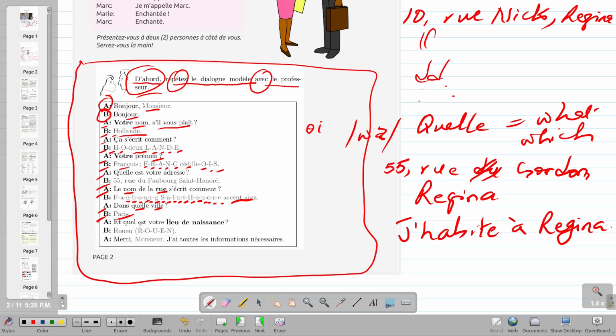Donc, et quel est votre lieu de naissance? Quel est votre lieu de naissance? Lieu, place, de naissance, of birth. What is? Est? Quel? What is your place of birth? Rouen. So he's born in Rouen.